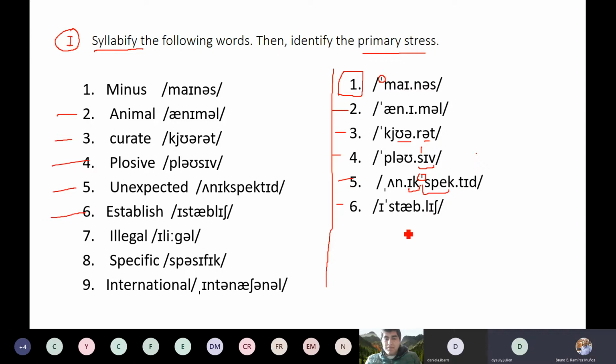Established. All right. Primary stress on the second syllable. And we have this combination here as the onset. So this becomes part of the second syllable and not part of the coda for the first one. Wonderful. Thank you so much.